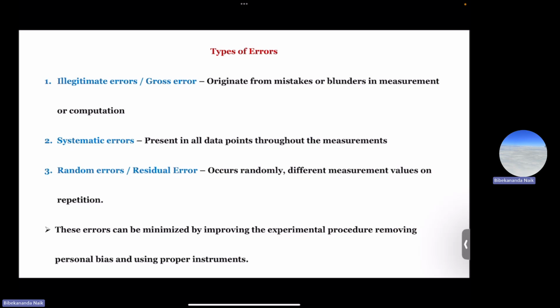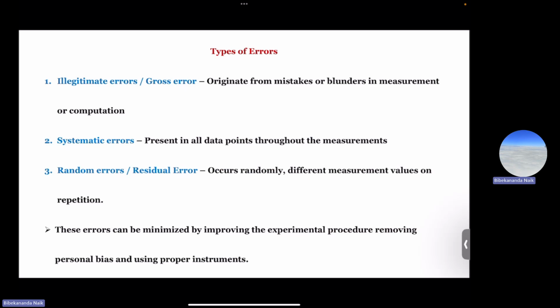For example, if you want to measure the amount of liquid you have in a container, and while pouring the liquid from the larger container to your measuring jar some of the liquid gets spilled, then that is again part of the error, and you will not get the actual value. These are examples of gross error, illegitimate error.